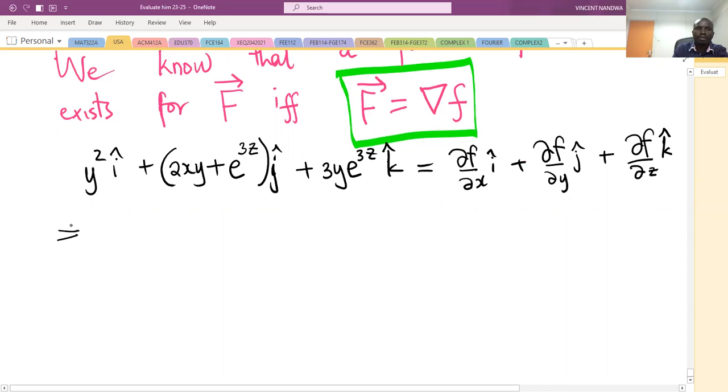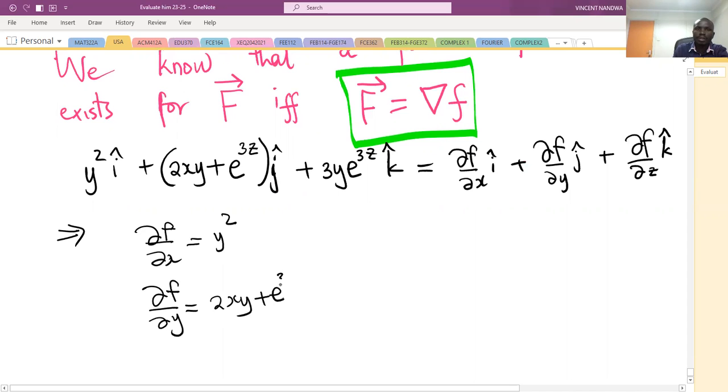So this implies that partial f partial x equals y squared, partial f partial y equals 2xy plus e raised power 3z, and partial f partial z gives us 3y e raised power 3z.